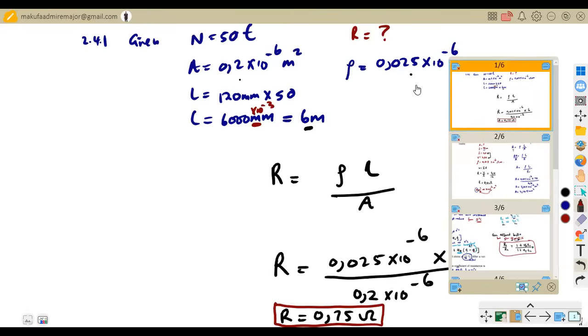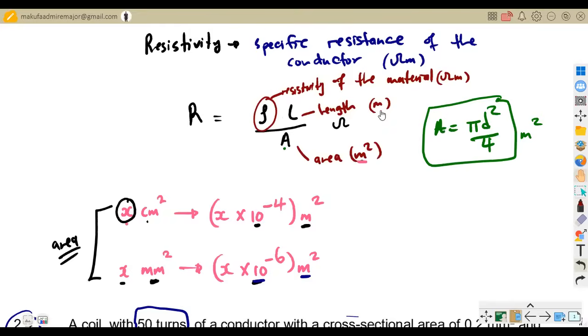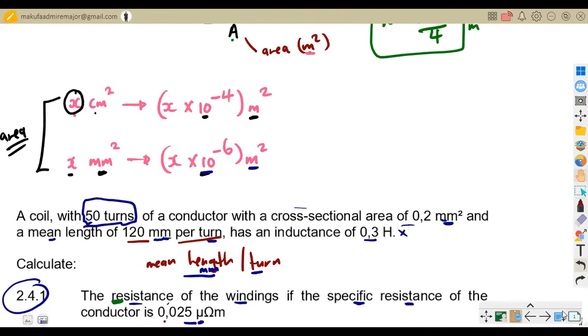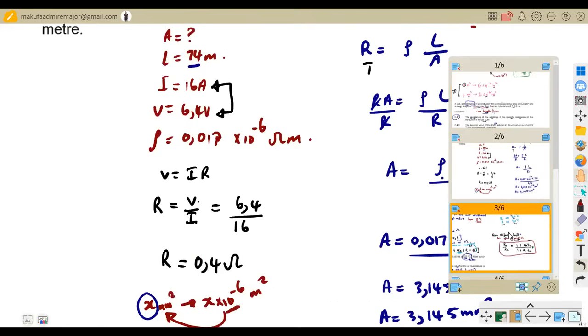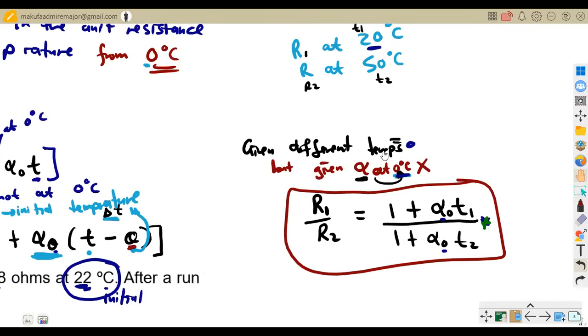This was our application, if you still remember, on this introduction where I introduced the temperature coefficient of resistance. All right, exactly on this part here.